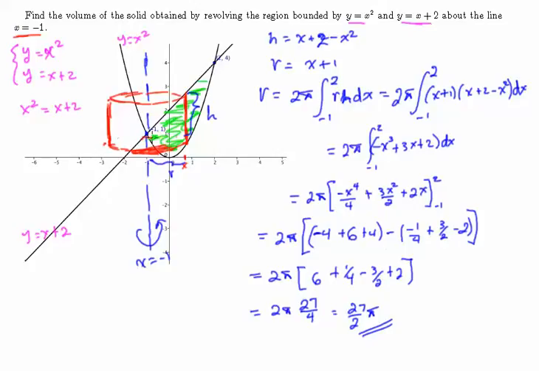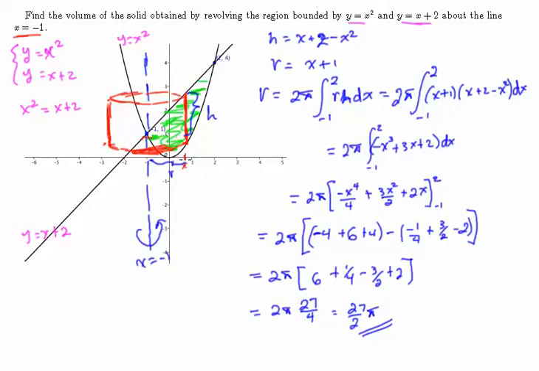Okay? To recap quickly, I have a region bounded by a linear function y equals x plus 2 and a quadratic function y equals x squared. The functions are given in terms of x, as y equals f of x, y equals g of x. So x is the independent variable and y is the dependent variable. So it makes more sense to take x's and work in terms of x. It makes life easier.